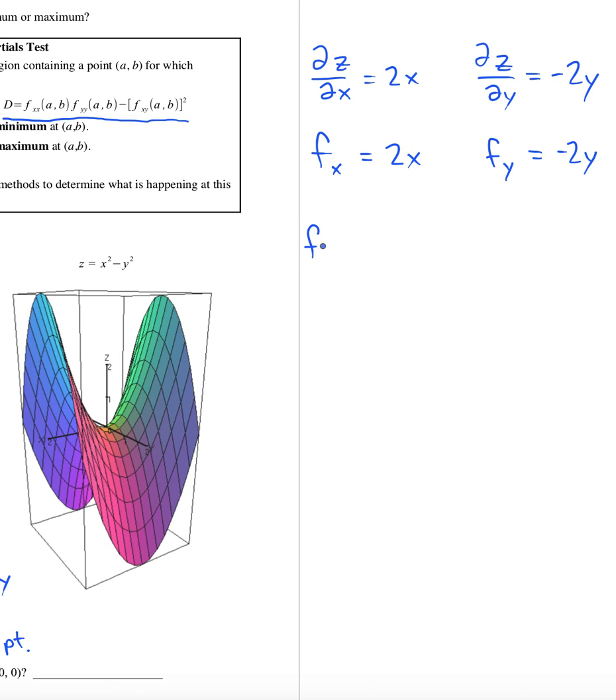Let's find fxx. It's a second partial derivative, the partial derivative of 2x. It's going to be 2. And let's find fyy. That'll be negative 2. We also need the mixed partial fxy. If you recall, you want to take the partial derivative of 2x with respect to y, and that would actually be a 0.